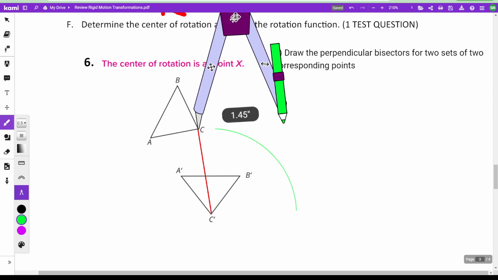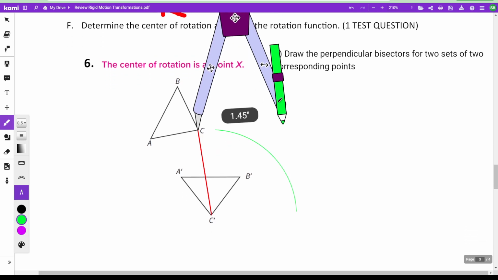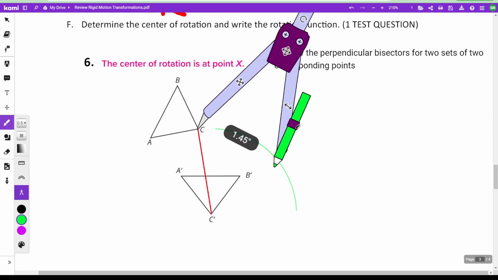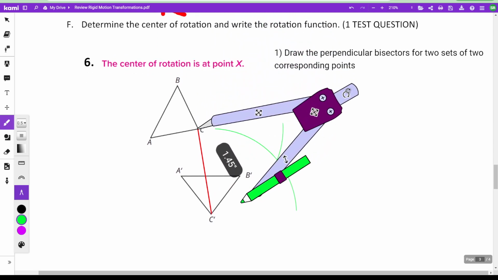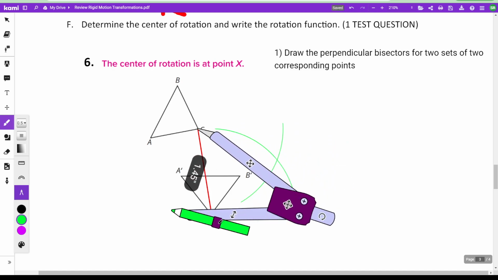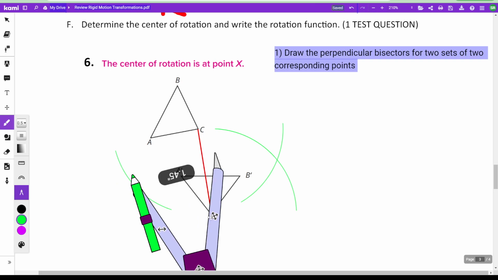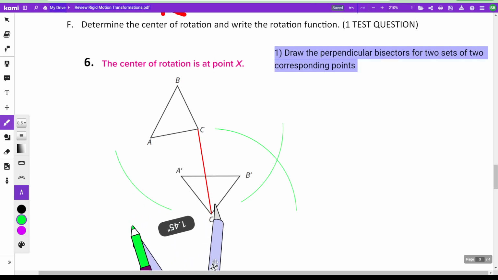You see how I drew my arc covering this entire distance from this side of the line, because I expect my perpendicular bisector to intersect somewhere in that area. Then I'm going to draw an arc on the other side, and I should have done this for the other one as well. But it's okay, we'll just go back and redo that.